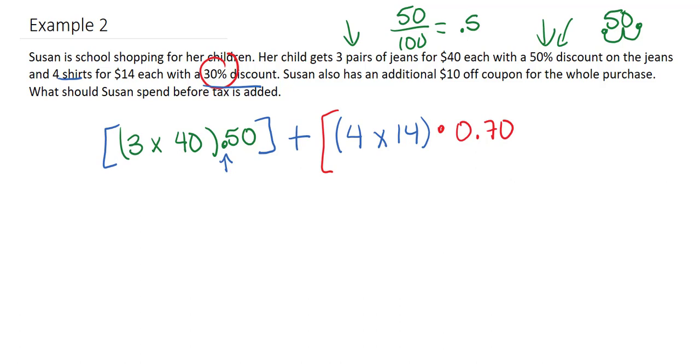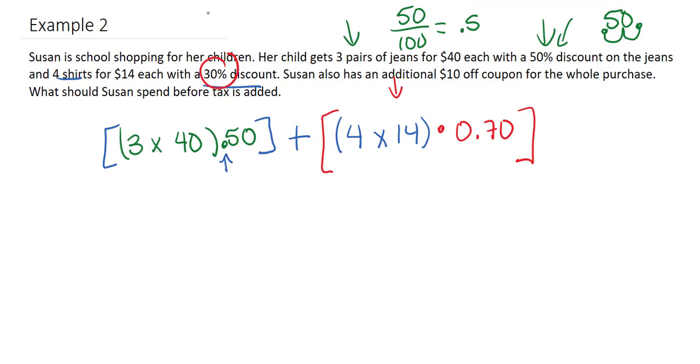It's the same thing as finding the discount amount and then subtracting it, so this just saves us a whole step. And then we can go ahead and close this.